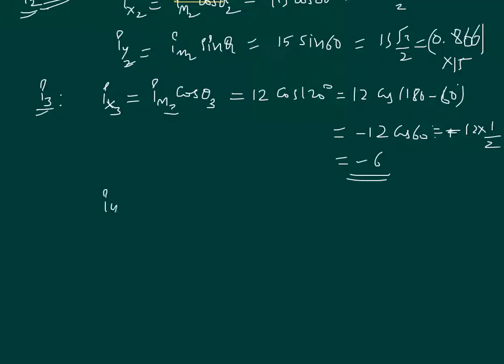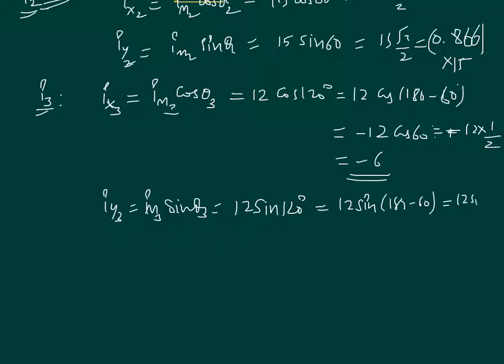And Iy3 will be Im3 sin theta 3, 12 sin 120 degrees, that can be written as sin of 180 degrees minus 60 degrees, that equal to 12 sin 60, that is 12 into 0.866, okay.